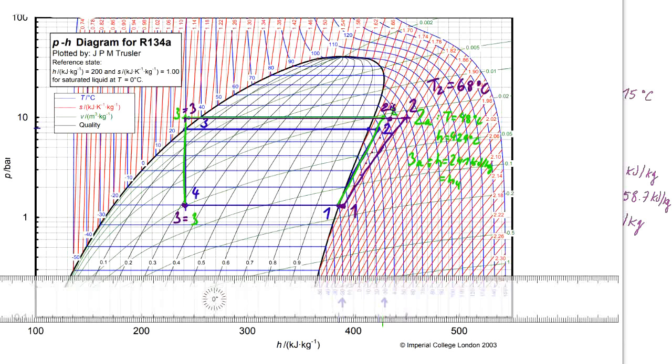So after we got the point 2, point 3 and point 4 are already given from before.